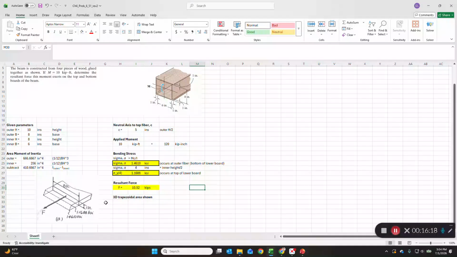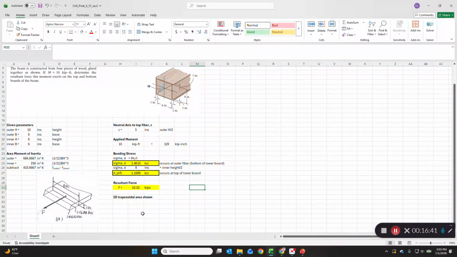And you can see you've got a trapezoid, but it's a three-dimensional trapezoid, and its base 1 and base 2 are either 1.1688 and 1.4610 ksi respectively, or you could reverse those and call them B2 and B1. It doesn't matter. The height is 1 and the depth is 8.